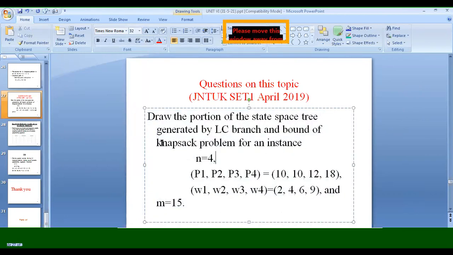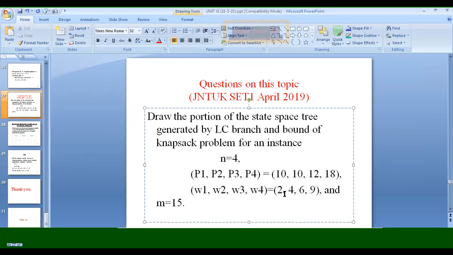for an instance, n equal to 4 and profits P1, P2, P3, P4 for the four objects are 10, 10, 12, 18, and the weight vectors are 2, 4, 6, 9, that is 2 kg, 4 kg, 6 kg, 9 kg. Those are the weights.